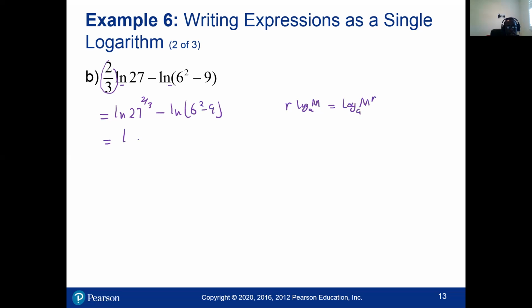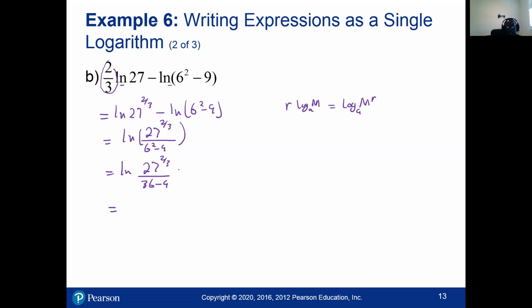Now we can write as a natural log of 27 raised to 2/3, divided by 6 squared minus 9, like that. Which is natural log of 27 raised to 2/3, divided by 36 minus 9. All right, now we can simplify that.